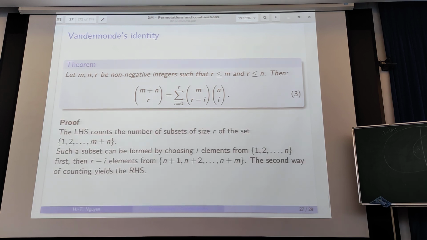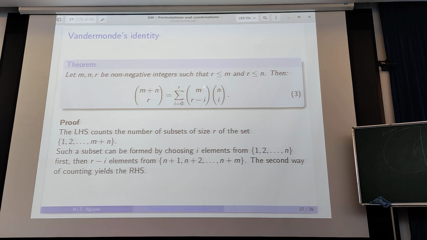It is written here on the slide. There is no diagram, so if you like, you can copy this diagram here, and it will help you understand the proof more easily.